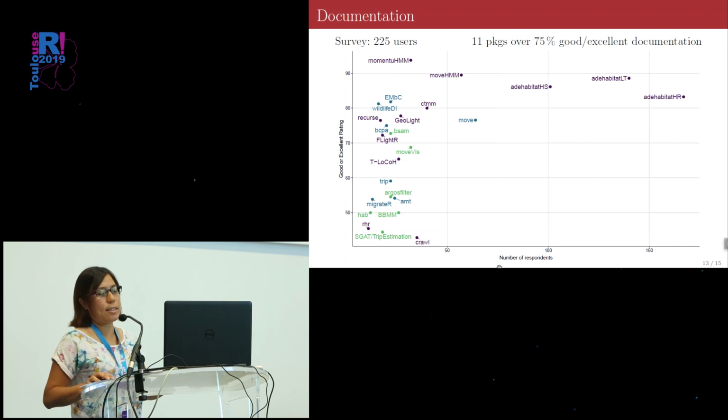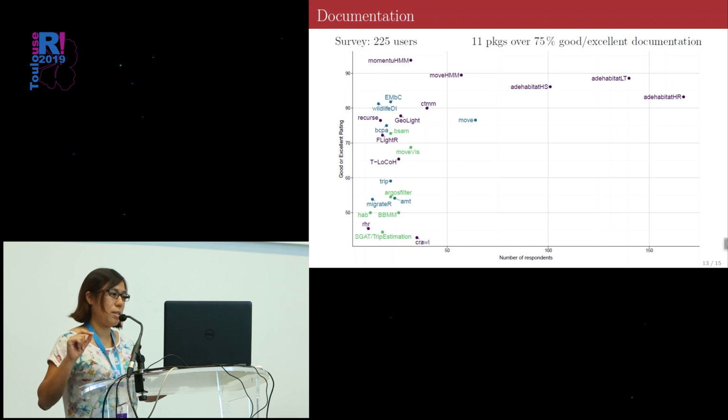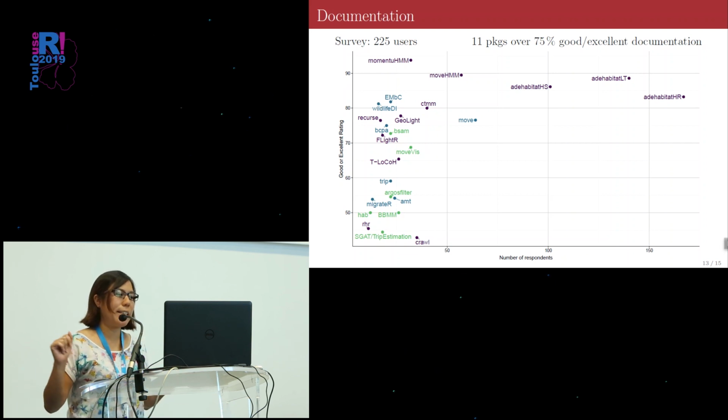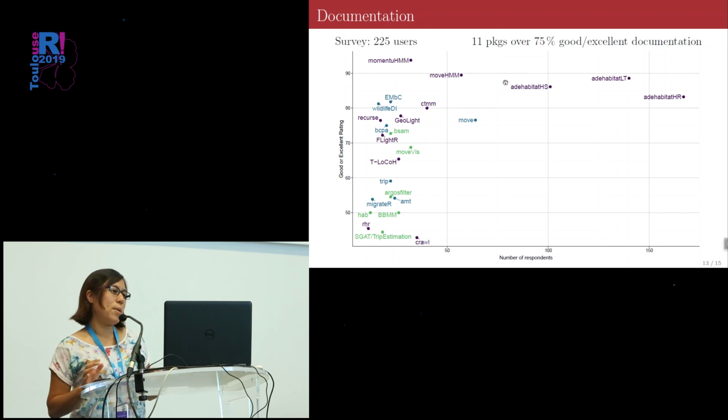On the x-axis, there's the number of respondents, and on the y-axis is the percentage of users that said that the documentation of the package was either good or excellent. I'm only showing the ones that have more than 10 respondents. 11 packages showed over 75% good or excellent documentation, so not every package.